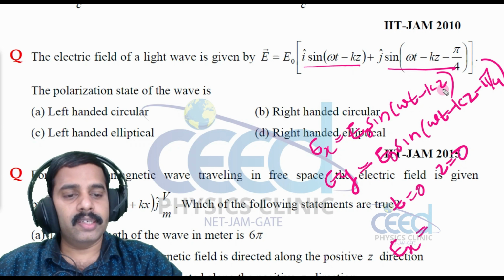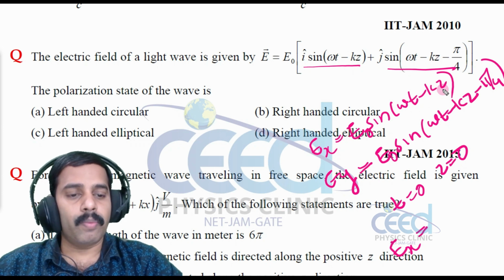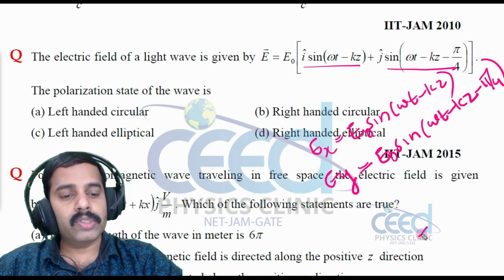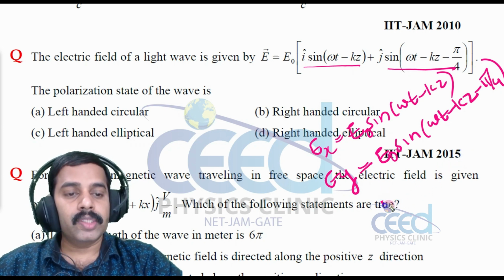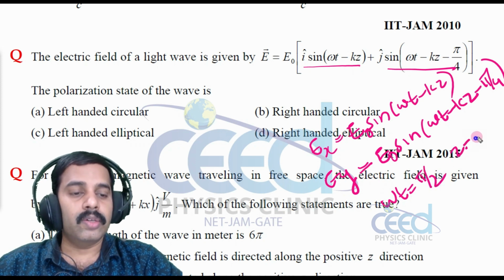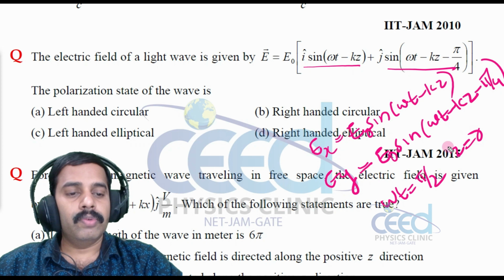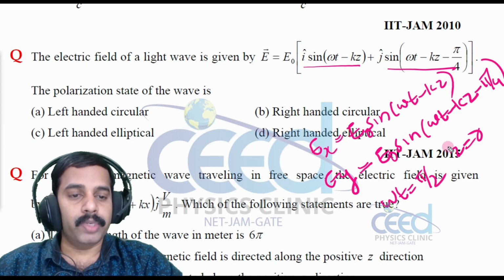Or you may take another condition. Suppose you are considering omega t is equal to some angle, pi by 2, right? You may impose some initial condition. Suppose I am taking omega t is equal to pi by 2 and z is equal to 0. So we will get an idea about the shape formed, right?